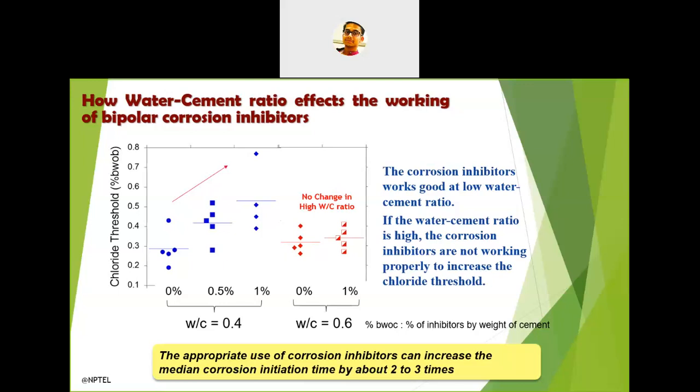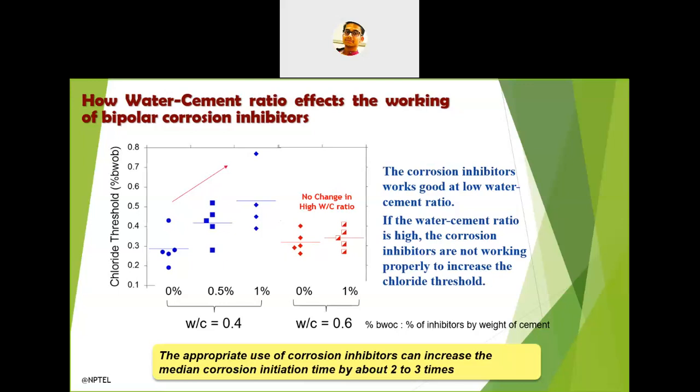Like this chloride threshold, we have a carbonation threshold as well. Without using any inhibitor, the chloride threshold was 0.3, for a water cement ratio of 0.4. The percentage of inhibitors was calculated by the weight of the cement.